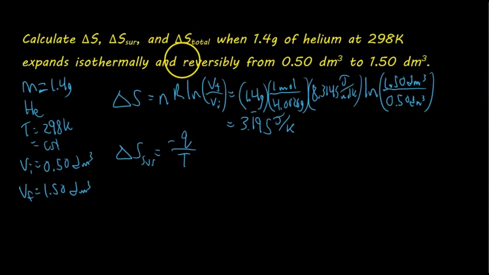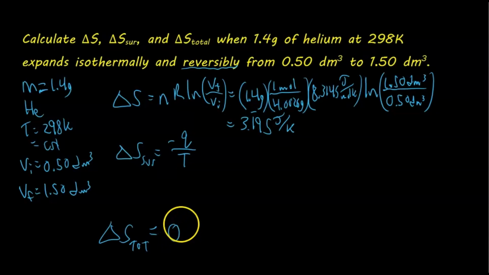But we do know that this is a reversible process, and for a reversible process, the total change in entropy of the system plus the surroundings is 0. Normally this would violate the second law of thermodynamics, but it doesn't because this is a hypothetical, idealized process. Reversible processes never really actually occur. So we can set this equal to 0 because this is just a hypothetical process.